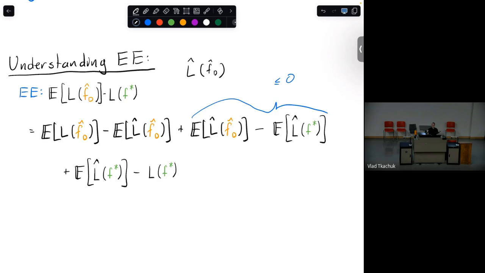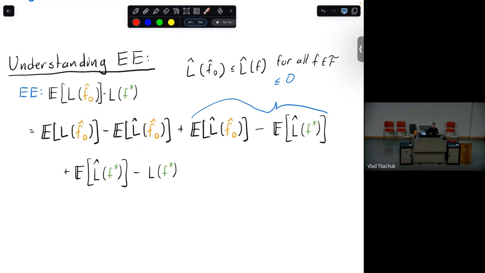It was chosen to minimize L hat. So this thing is, of course, less than L hat for any f. This is true for all f in your function class. And just remember, f star is just some function in your function class. So what have we done? We basically related expected loss to estimated loss.